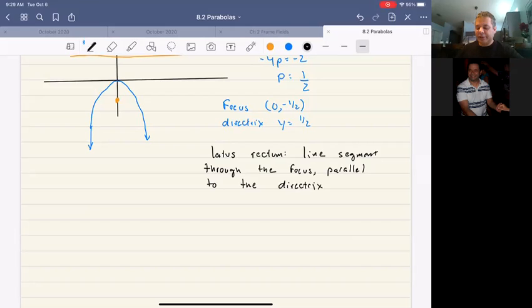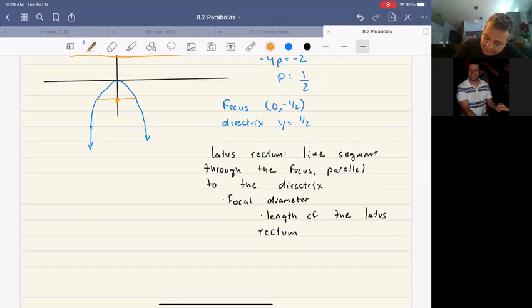It has what's called the focal diameter, and that's just the length of this latus rectum. In this case, it's just this line segment, and the length of it is the focal diameter. Very easy to find actually.